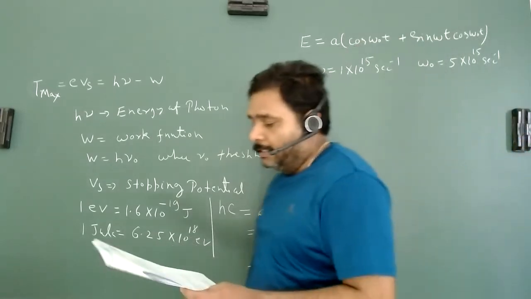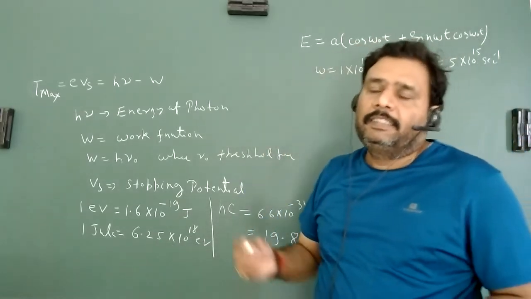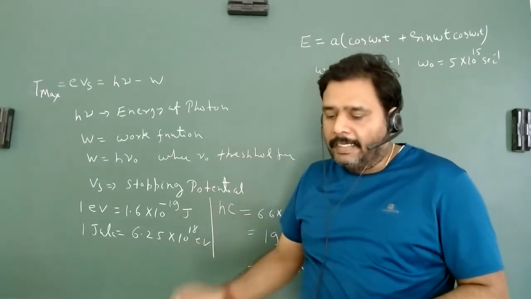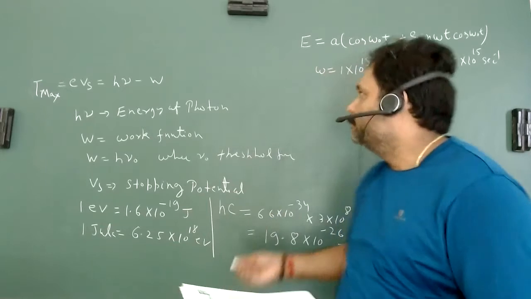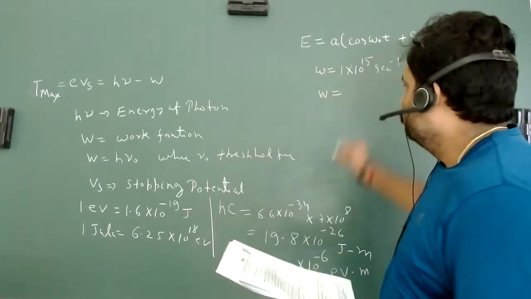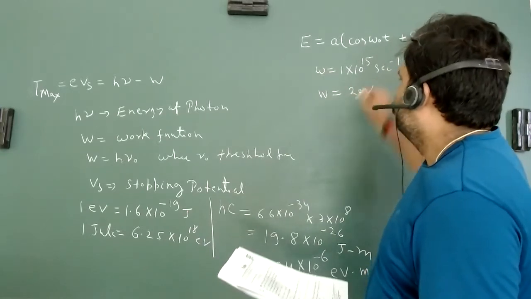These light waves fall on a metal plate, and this metal plate has a work function equal to 2 electron volt.